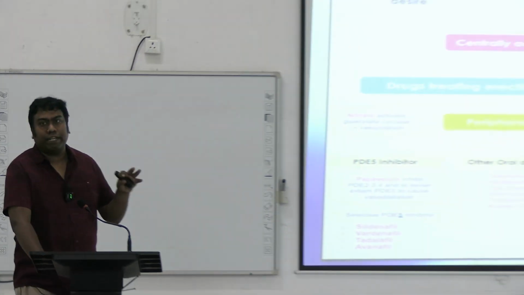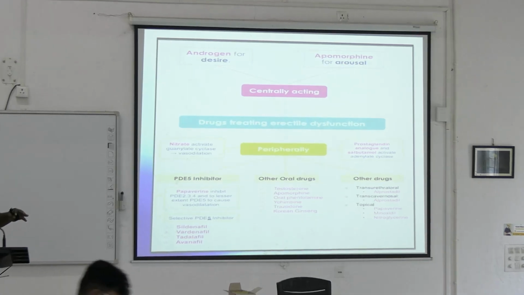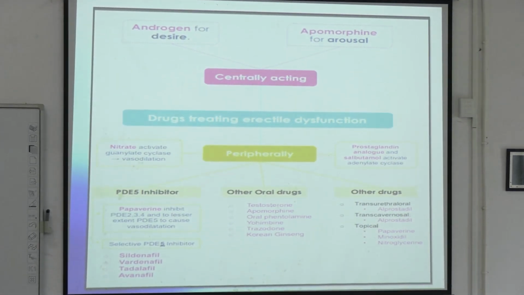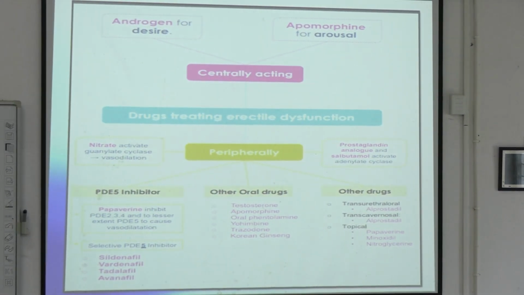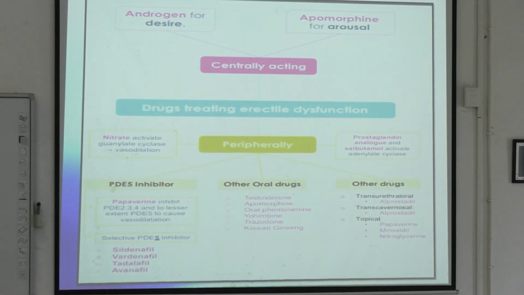First, what are the drugs used for erectile dysfunction? We can differentiate them into two types, centrally acting and peripherally acting. Centrally acting are androgen for desire and apomorphine for arousal.